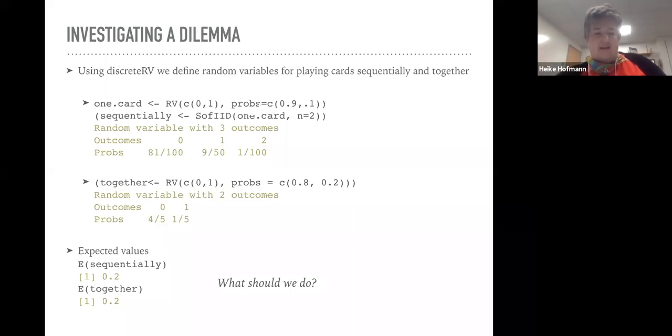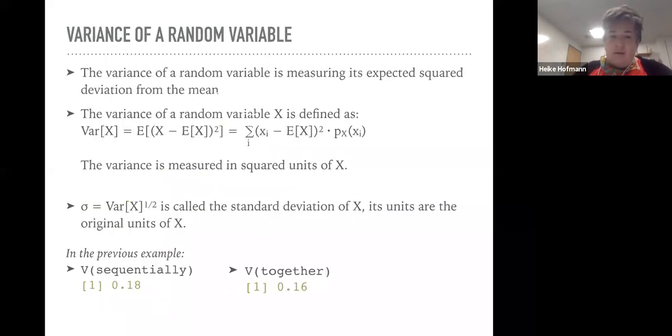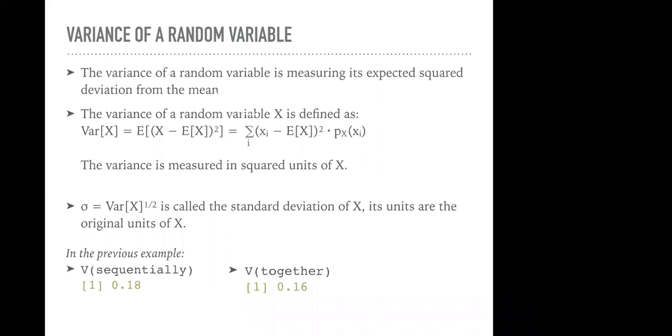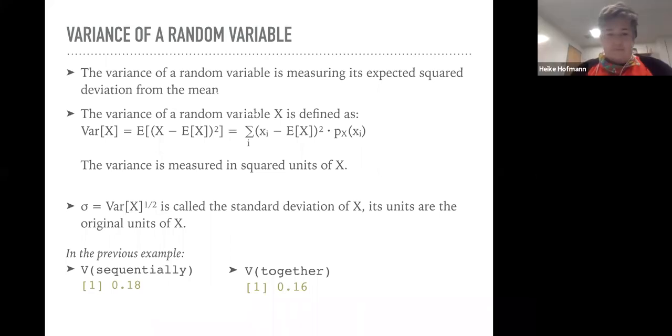I was talking a little bit about minimizing risk and maximizing our chances. But the expected value doesn't really help us in evaluating the situation. So instead, what we're going to look at is a different concept. We're going to have a look at the variance of a random variable.